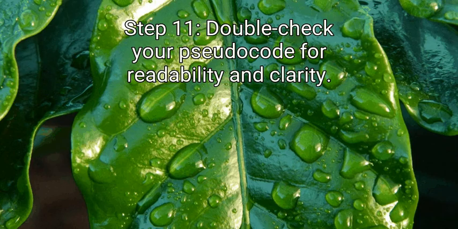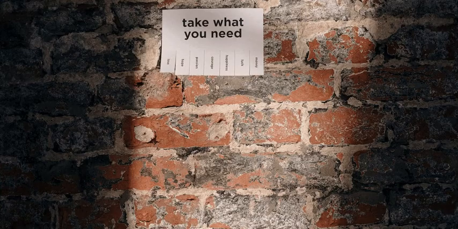Finally, double-check your pseudocode for readability and clarity. You should be able to answer the following questions by the end of the document. Would this pseudocode be understood by someone who isn't familiar with the process? Is the pseudocode written in such a way that it will be easy to translate it into a computing language?